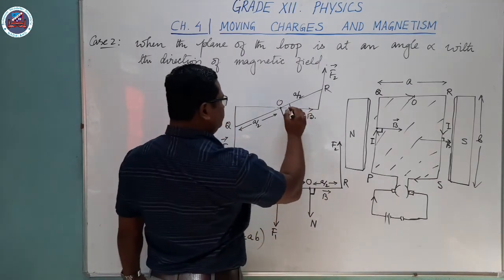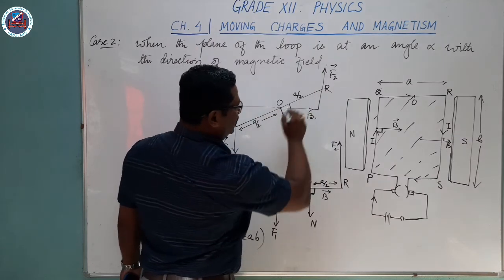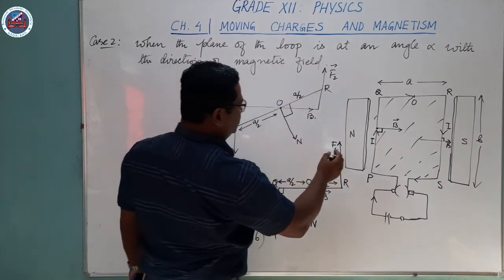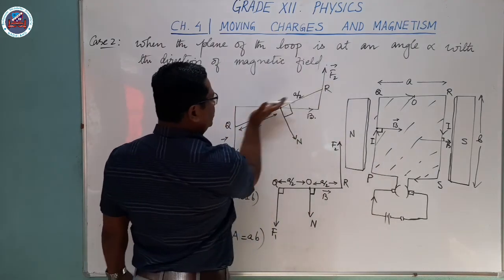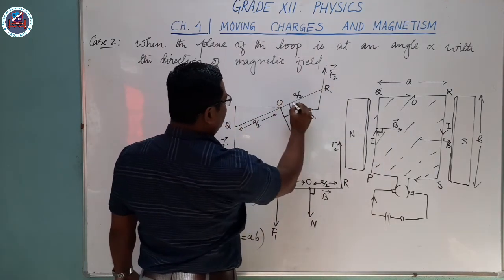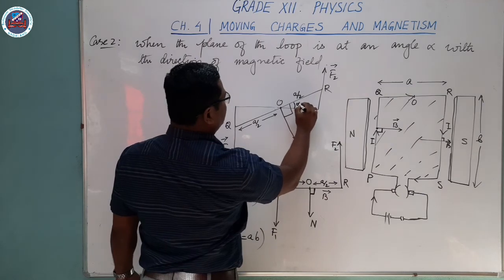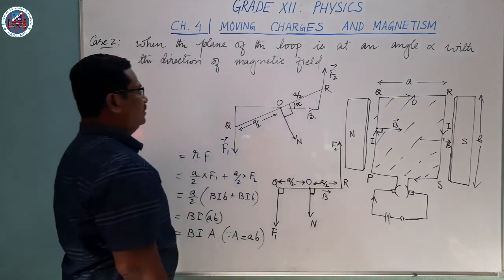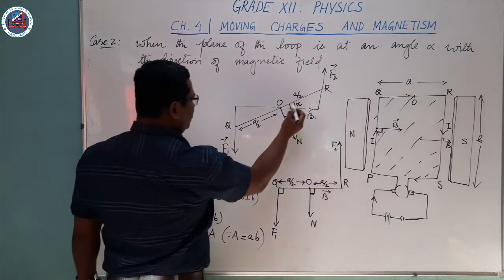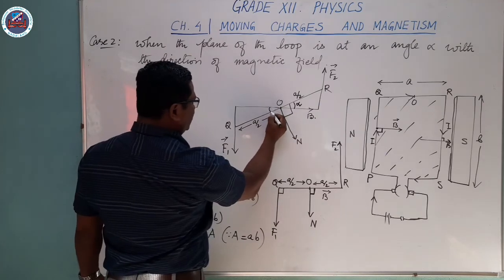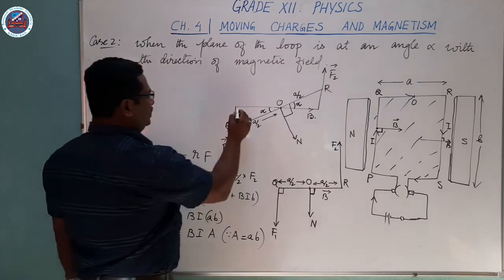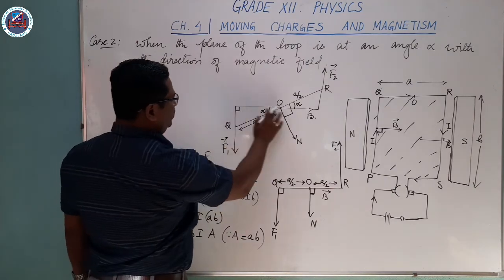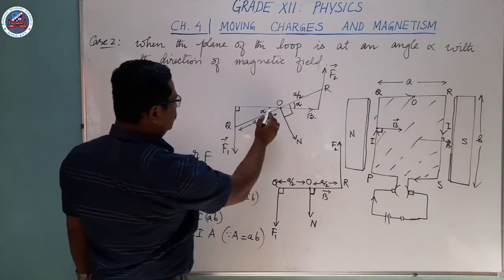So this time the plane of the loop and the magnetic field are tilted by some angle. Let us call it alpha. If this is alpha, by vertically opposite angles this angle also will be alpha. In this right triangle, you can find the perpendicular distance to find the torque.